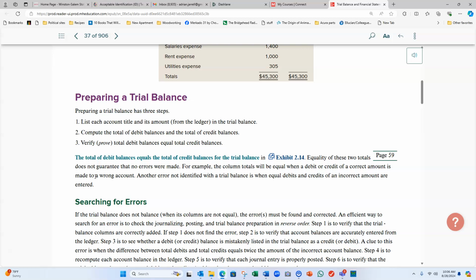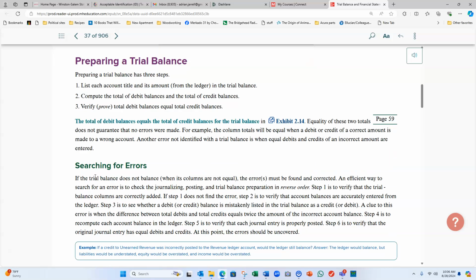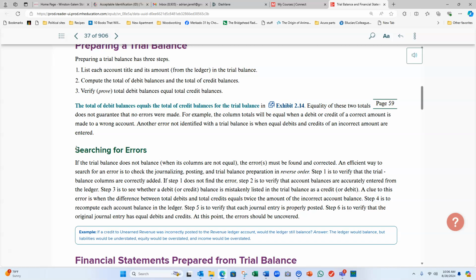But there could be errors in there anyway. It's when you start searching for errors, that's a huge skill that accountants need to have. So, I worked as a CFO of a construction company for 20 years, and most of the time I didn't do data entry. It was a small office, so sometimes I would jump in there and have to enter payroll or accounts payable or something.